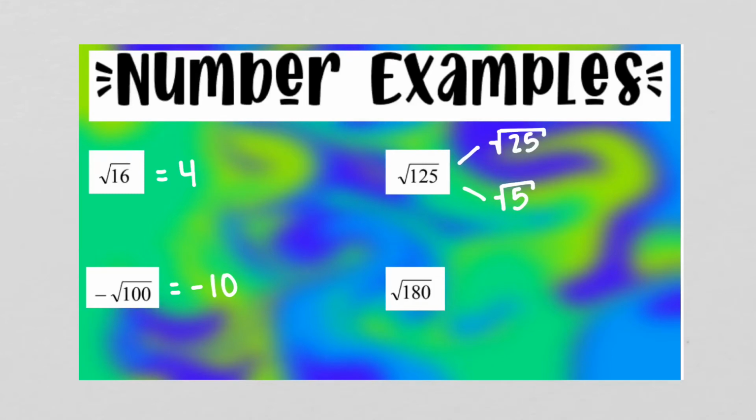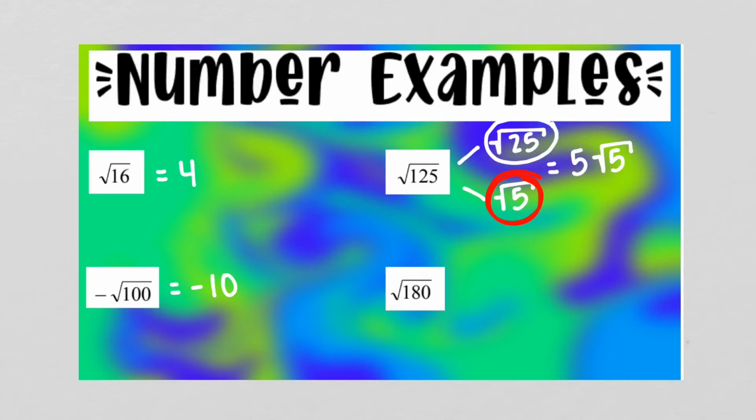Now, when I'm looking at this for my final answer, I know there is a square root of 25. I know that 25 is a perfect square. So what is the square root of 25? It's 5. But there isn't a perfect square of 5. So all you have to do is write it right next to that whole number. So the square root of 125 is equal to 5 root 5.